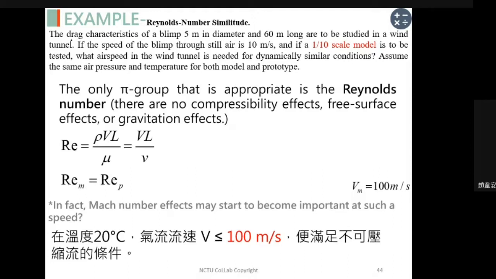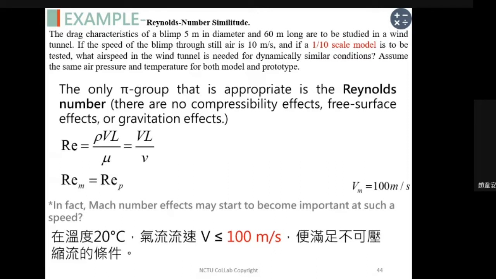The problem is the drag characteristics of a blimp, 5 meters in diameter and 60 meters long, to be studied in wind tunnels.